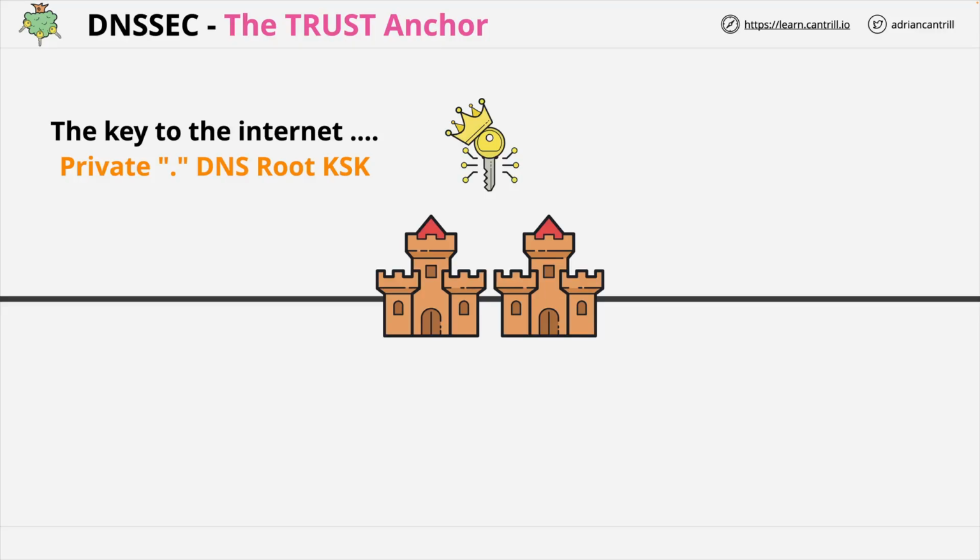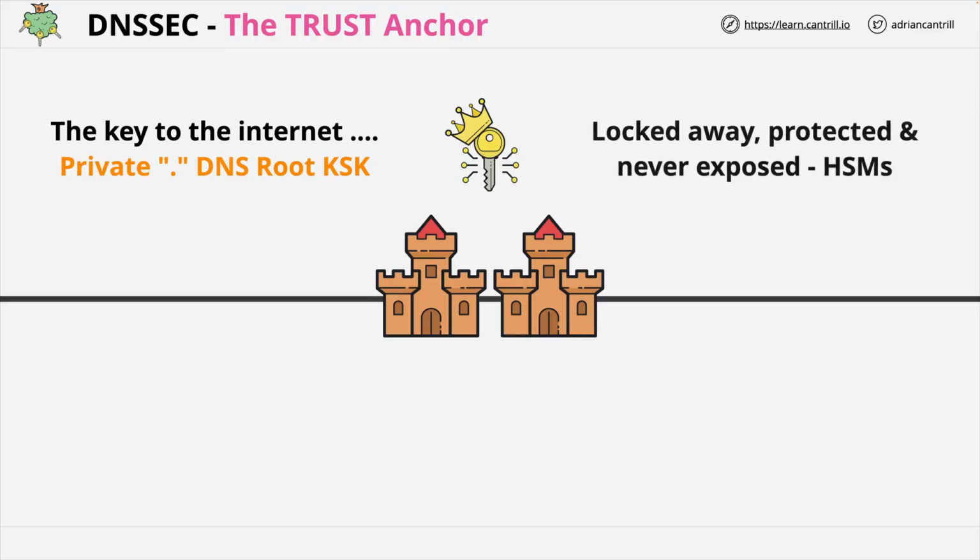With them, you can define what's valid on the DNSSEC root zone, and because of this, every child top-level domain, every child zone inside those, and every DNS record. These are locked away, protected, and never exposed, and they use redundant hardware security modules, also redundant across physical locations.